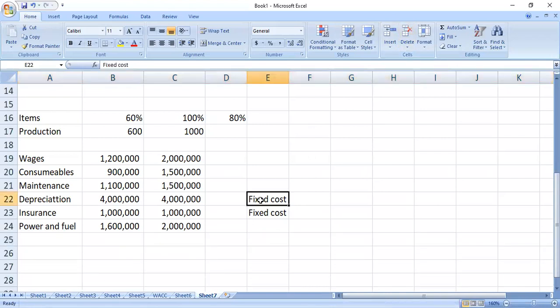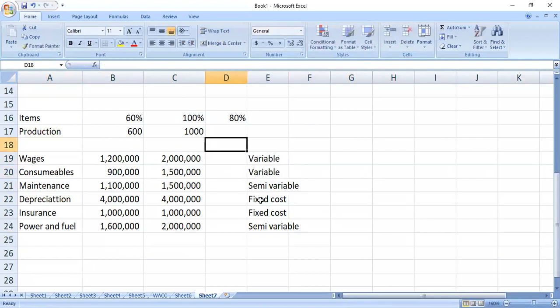So what we're sure of is that these are fixed, then this is semi-variable. So maintenance is also semi-variable. And then these others are variable. So we are now going to flex.